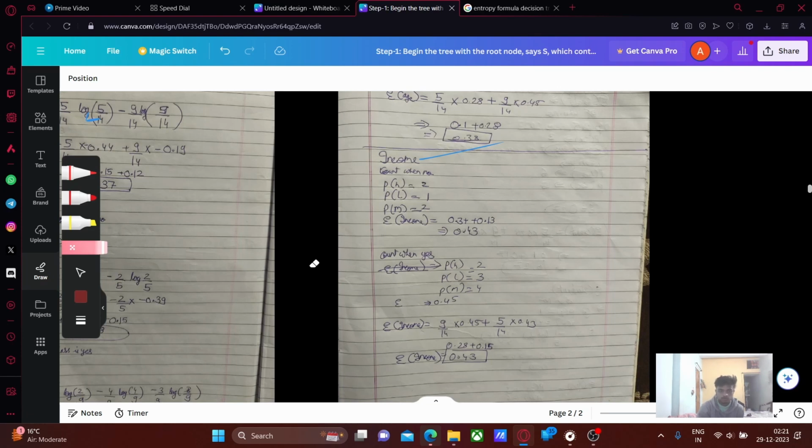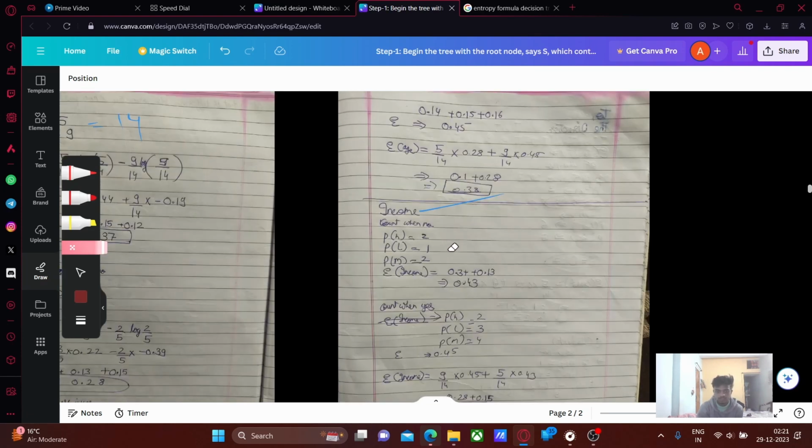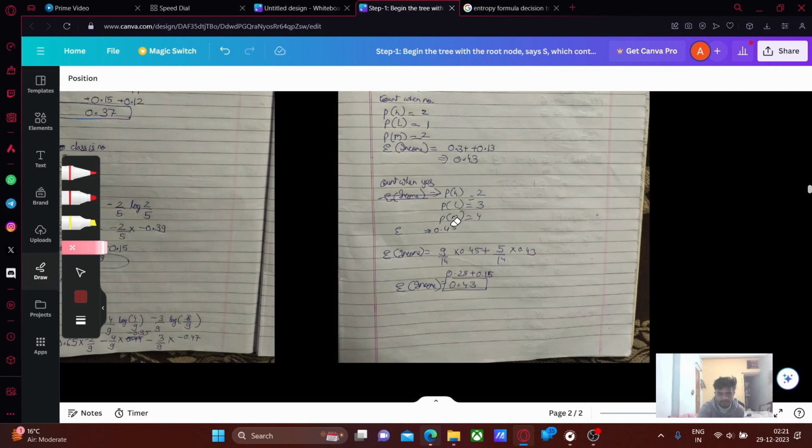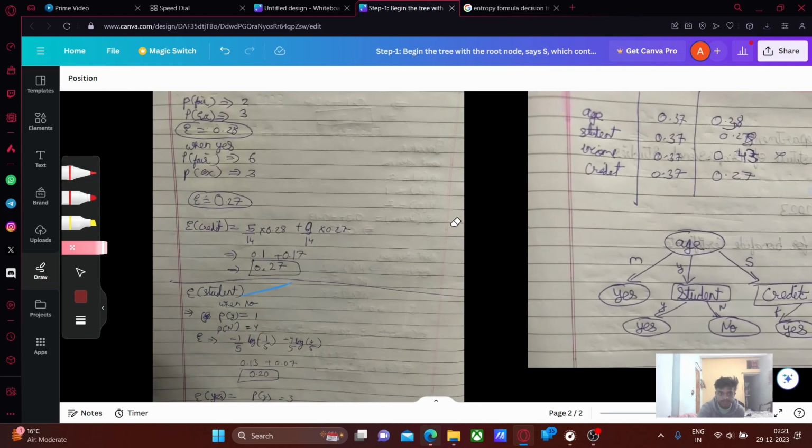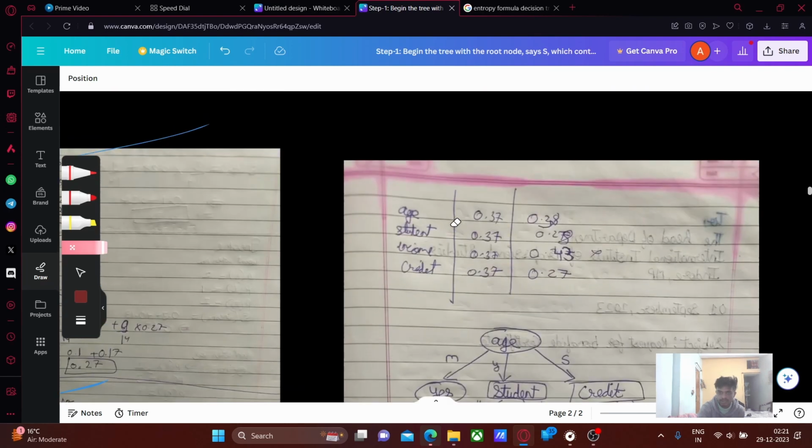Similarly, we have to repeat the same process for other attributes like income, credit, and student, and then we have to create the information gain table. This is the entropy before split, and these are the entropies after split of each attribute. When we subtract this from before split, we'll get the information gain.